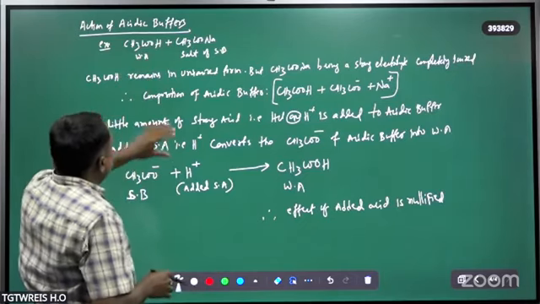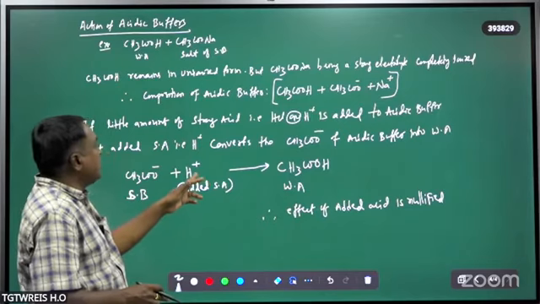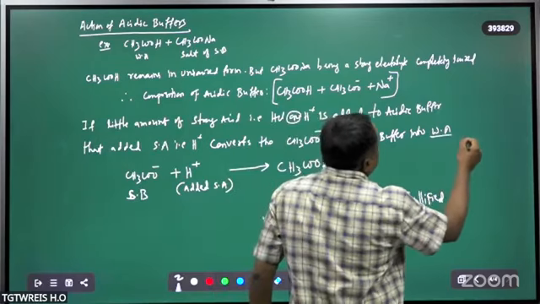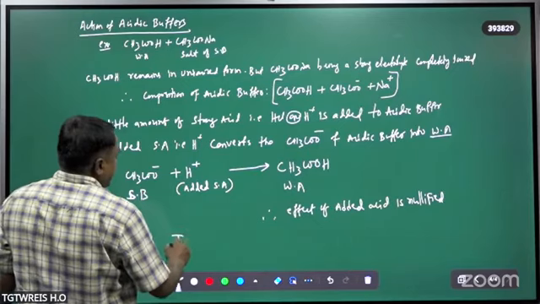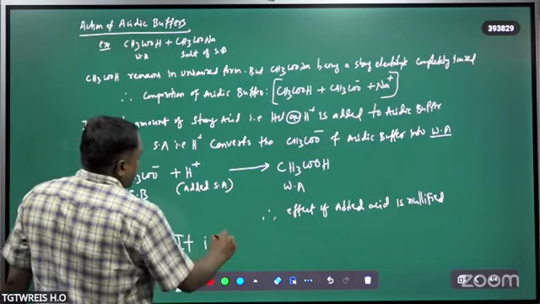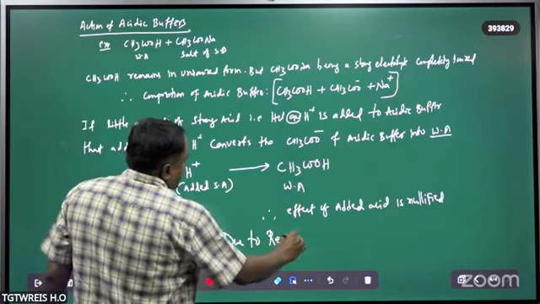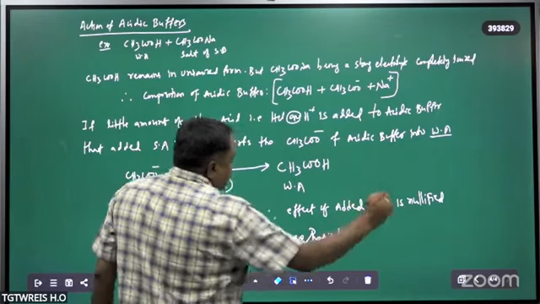Suppose to this buffer solution we are adding what now? Strong acid. That strong acid is converted into weak acid. This is due to what now? It is due to the reserve basicity which is present in the buffer solution.